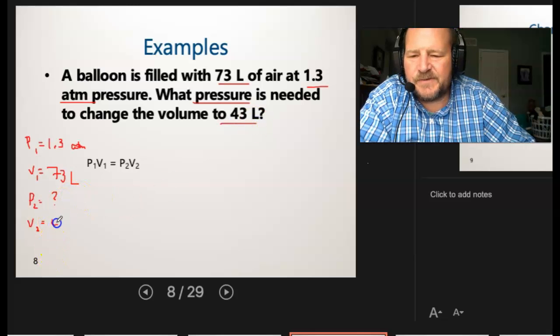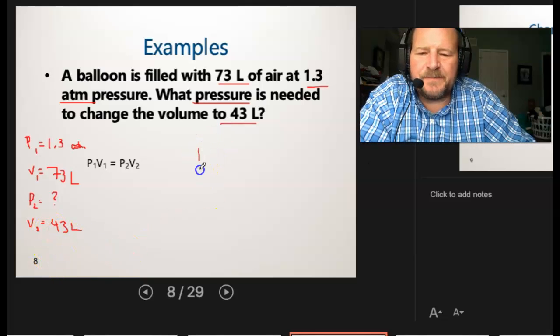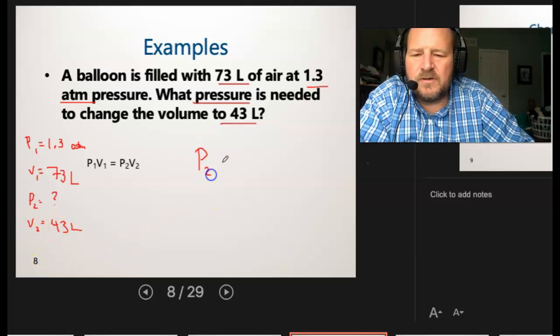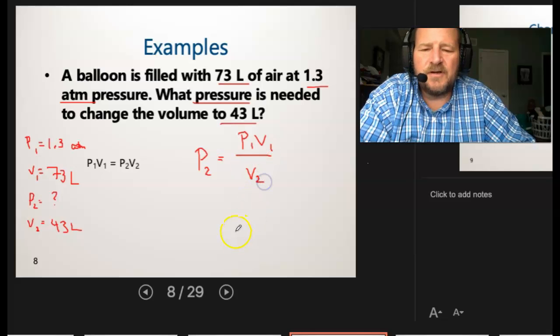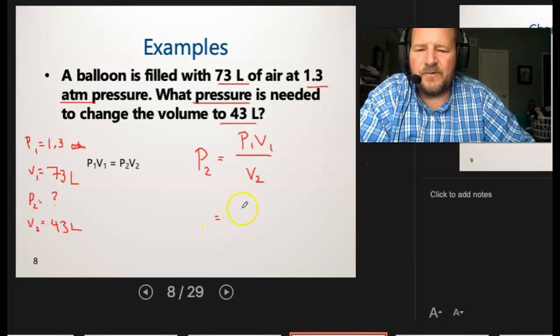That's going to be my V2. All right, so I'm looking for P2, so I'm going to say P2 is going to be equal to P1V1 divided by V2. And now I'm just going to plug and chug. P1 we said was going to be 1.3 atmospheres.